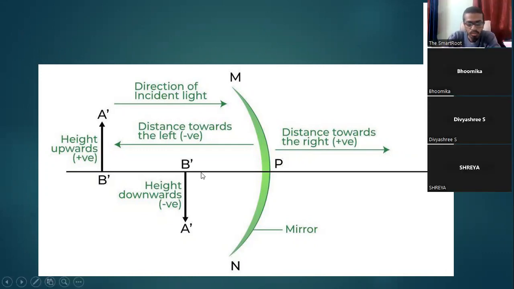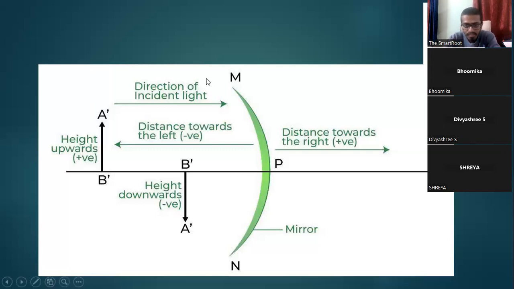First, if the object is kept in such a way that it is standing upright, then we say that its height upwards is positive. If the object is kept inverted, like A dash B dash in the second case, this is height downwards, which is negative.